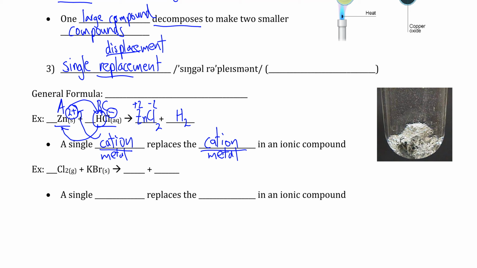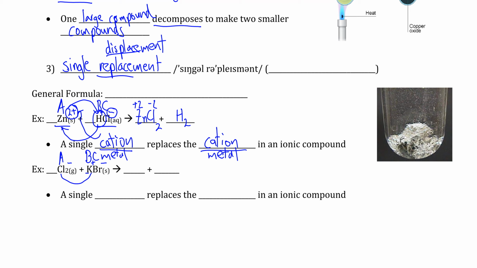Now, if we take a look at the next single displacement reaction here, we can see that our A is chlorine gas and our BC is KBr. Chlorine is different because, as we saw in the previous single displacement, our chlorine is going to form a negative charge, while potassium here is going to form a positive 1 charge as an ion, and Br is a halogen just like chlorine, so we see that it's going to form a negative charge.